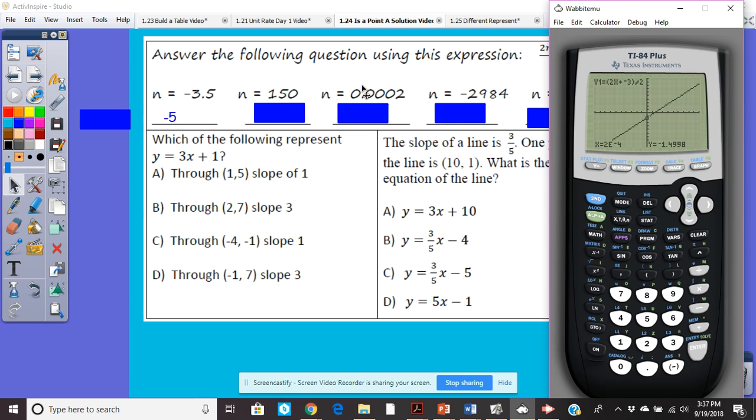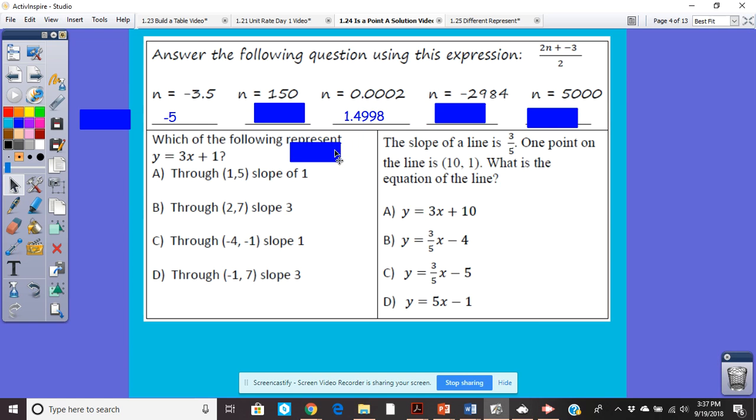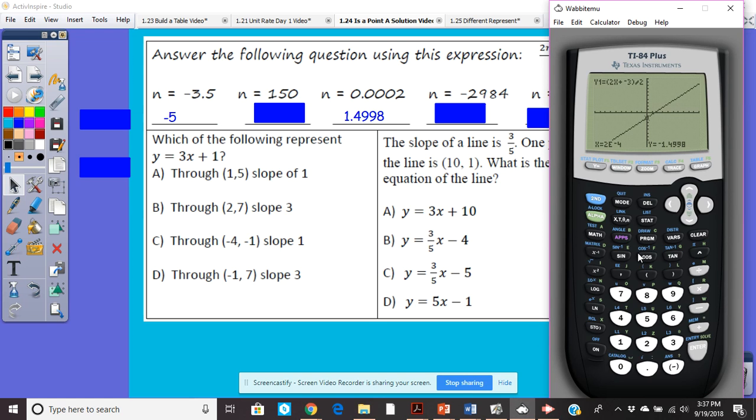So on this second one here, when x equals 0.0002, my y is -1.4998. And I don't think it's going to let me do this other big one, but we're going to try. When x equals negative, yeah, it's not going to let me do those big ones.